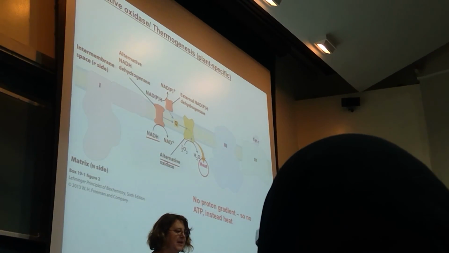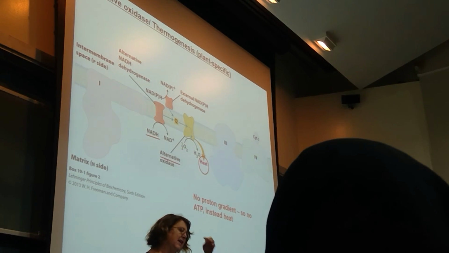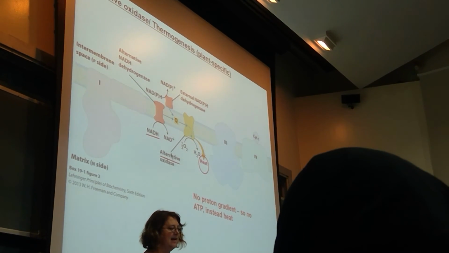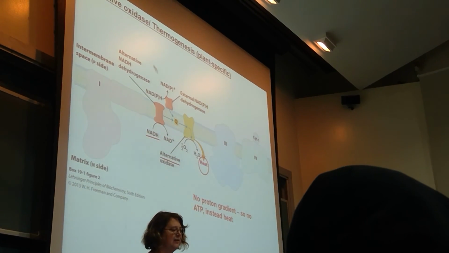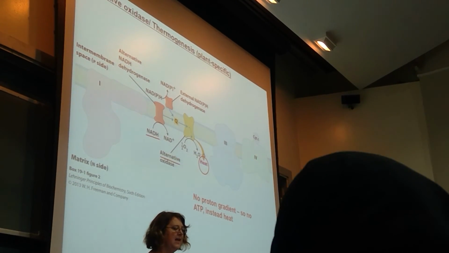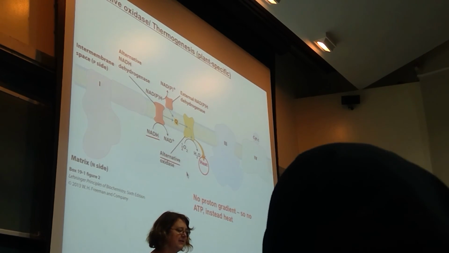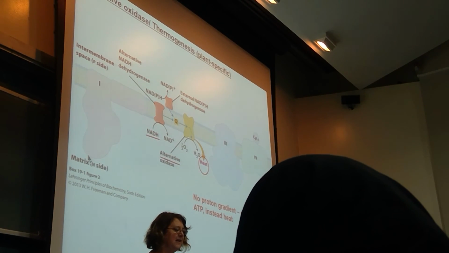So how does this happen? This is plant specific. It has two enzymes that are unusual, and then the alternative oxidase, which is unusual. So it's not using complex 1 or 3 or 4.